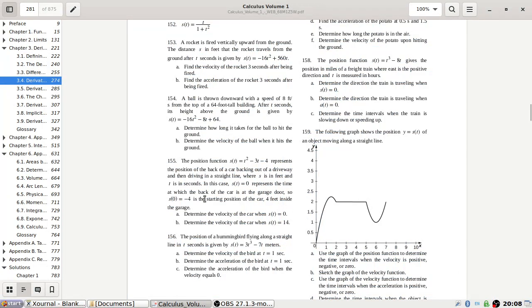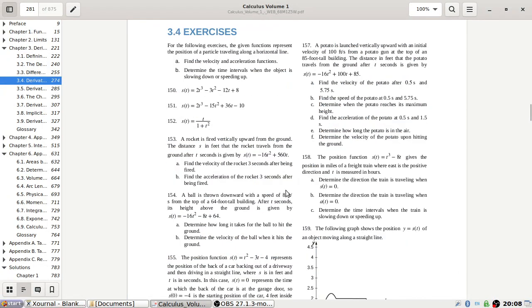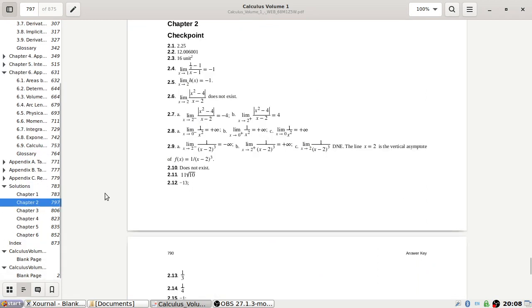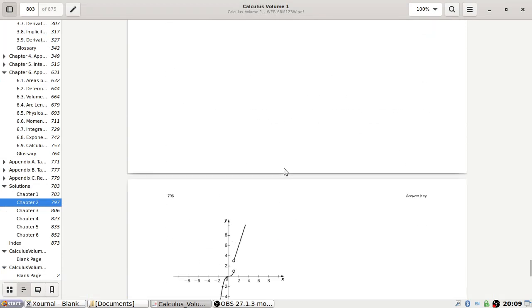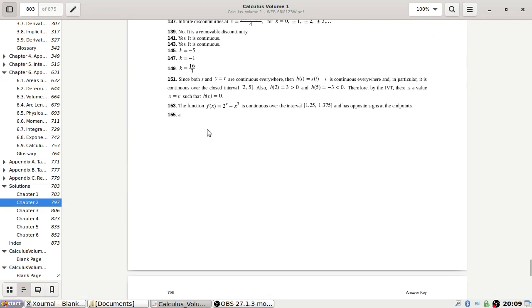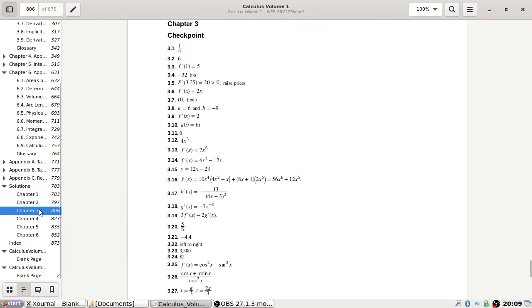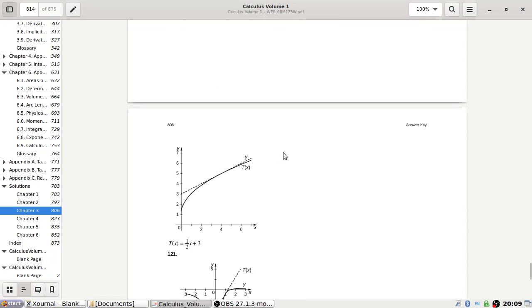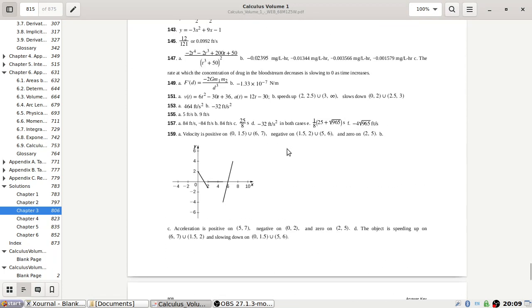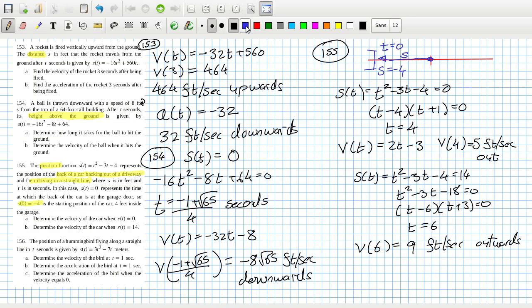Let's check the answers so far. What are we on? I can check 153 and 155. 153. Oh, whoops, wrong chapter. 153. 5 and 9.